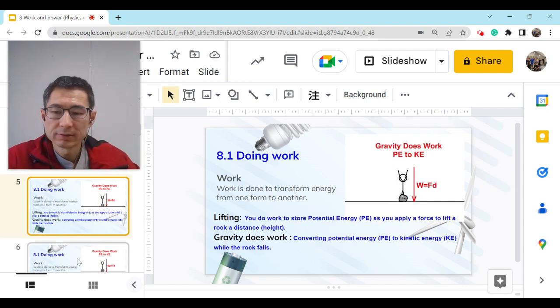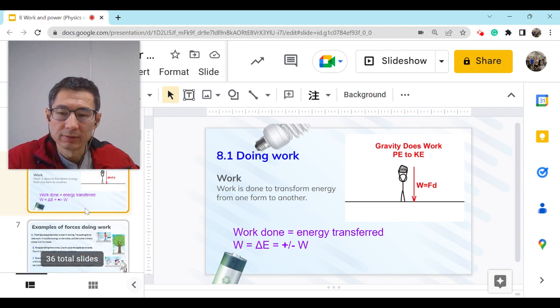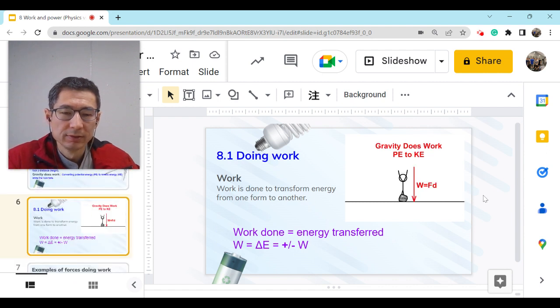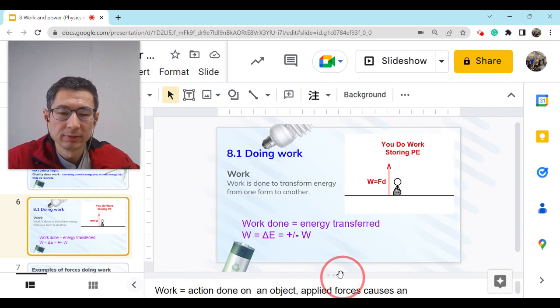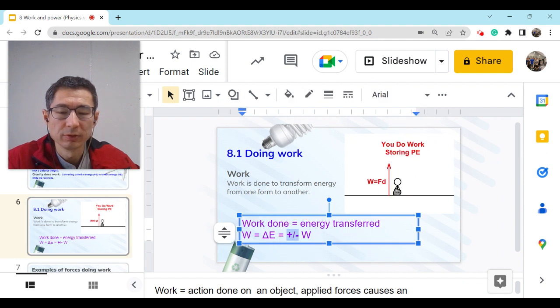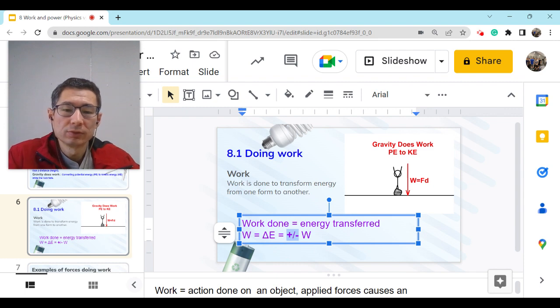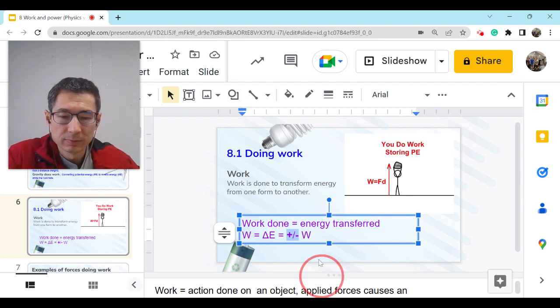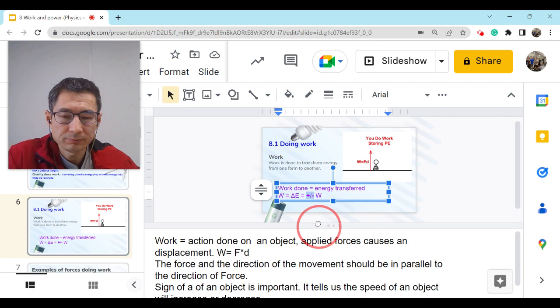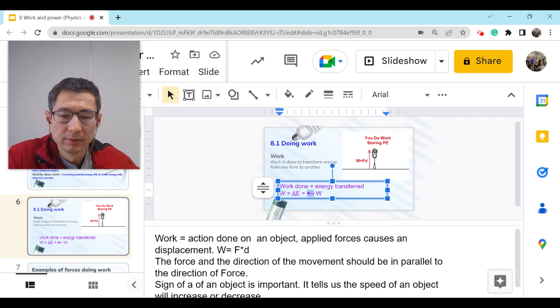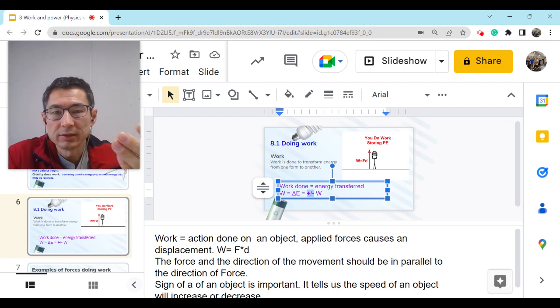All right, let's do some of the others. Another thing is that the sign of work is important. Why is it important? Because it tells us whether the speed is increasing or decreasing.